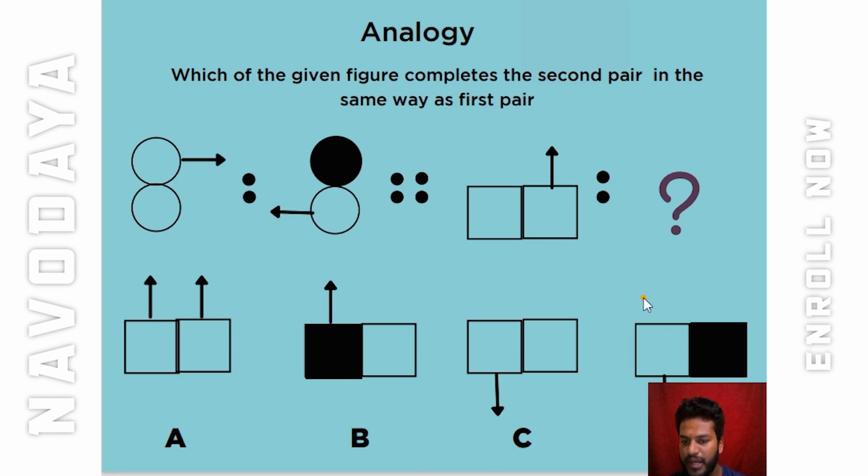Oppositely, the empty square showing the downside direction is shaded. This is the pattern which matches the first pair and the second pair. If we fill in answer D in place of the question mark, that completes it. The first pair and second pair are similar, so answer D is correct.